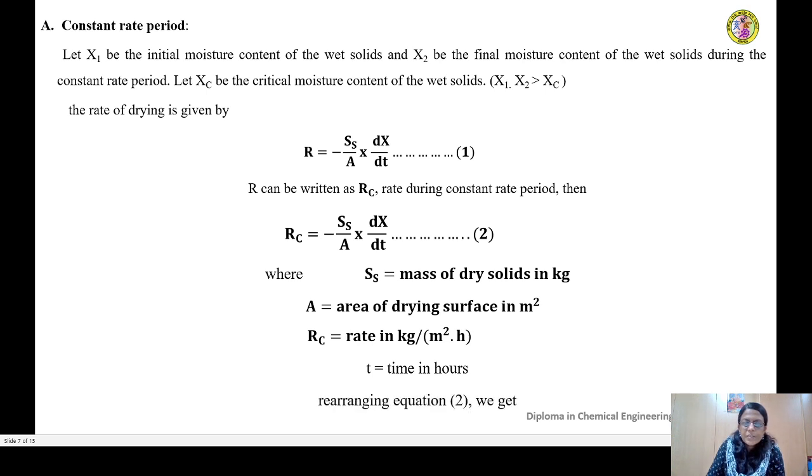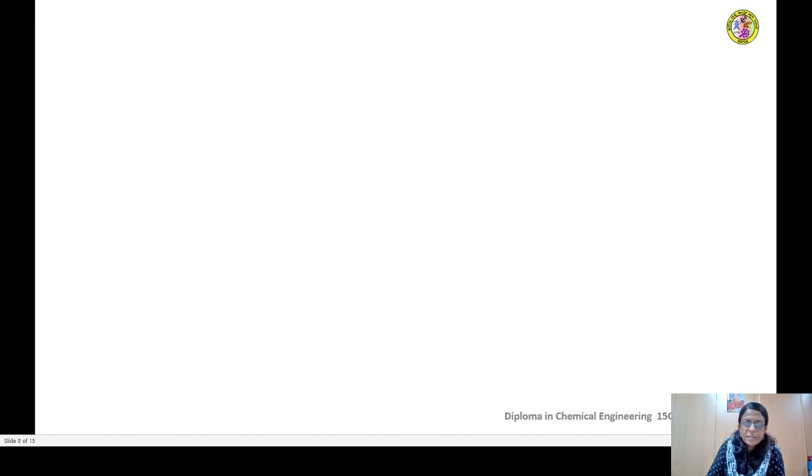Let us rearrange equation number 2 and integrate between the limits to get the final equation to estimate the time of drying during the constant rate period. Okay. So then dt is equal to minus Ss by A Rc into dx. Rc is constant.